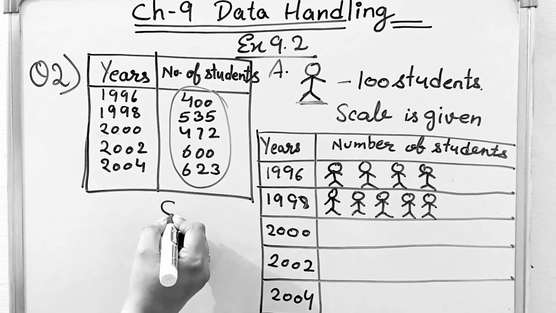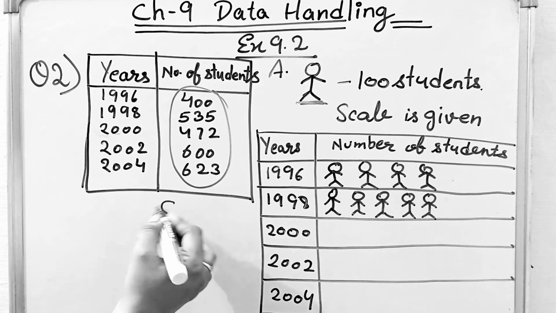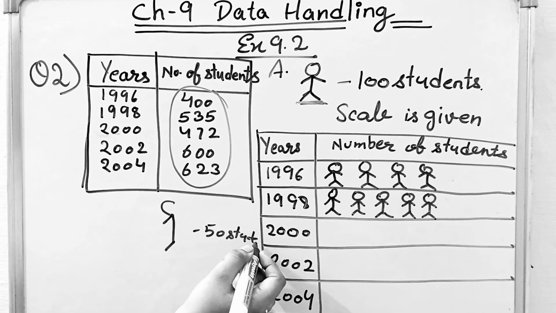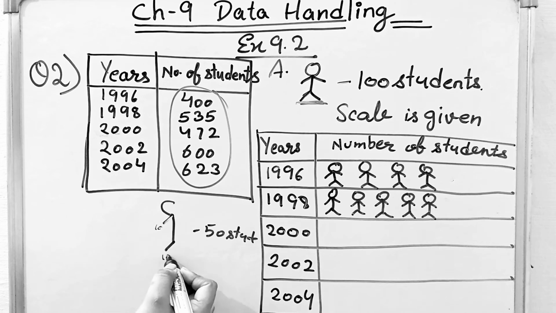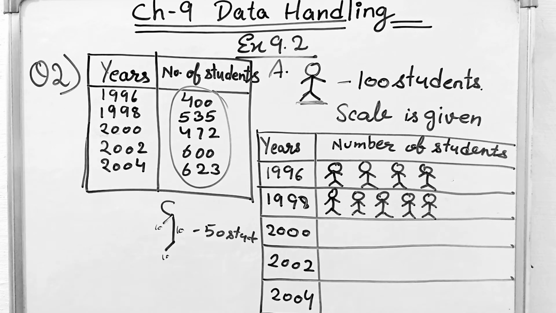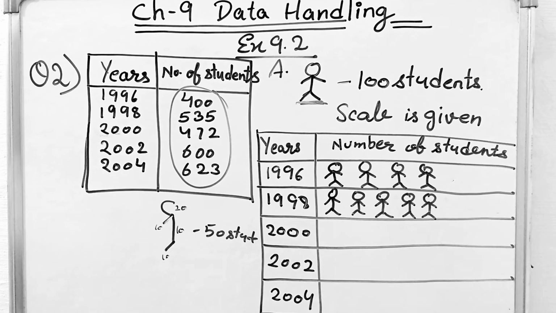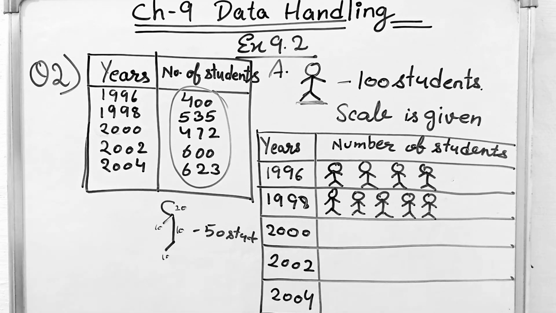So what we can do, if we draw it half, that means this is representing 50 students. Correct? Now you can consider it as that this one hand is for 10 students, this one leg is for 10 students, and this body is for 10 students, and this half head is for 20 students. Now this 20 plus 10 plus 10 plus 10 becomes 50, so it is 50 students.